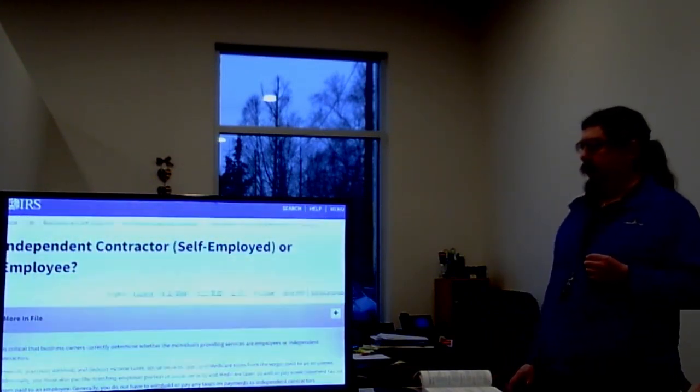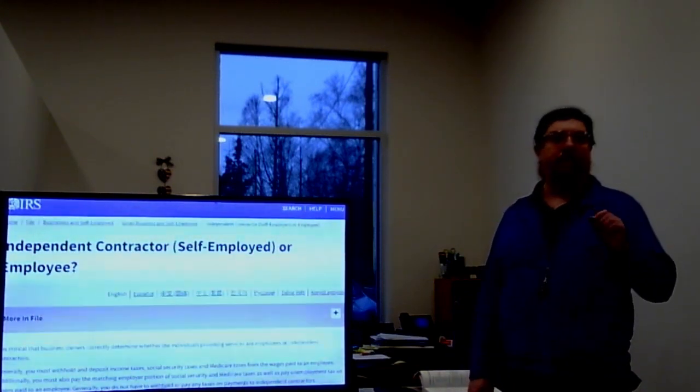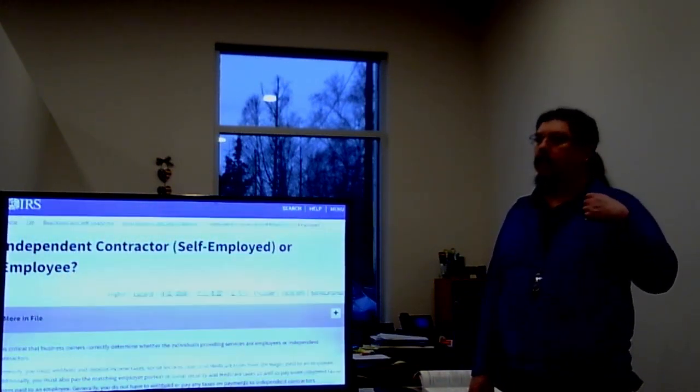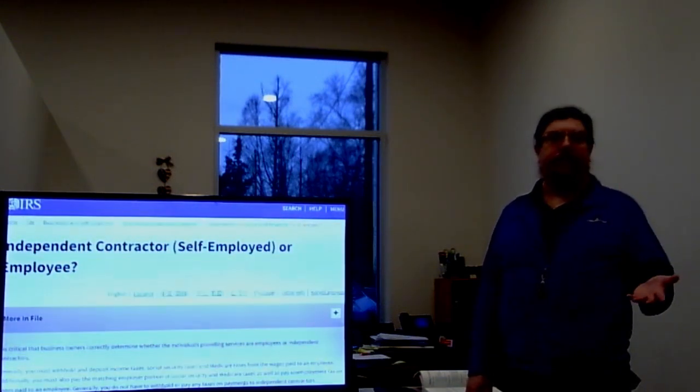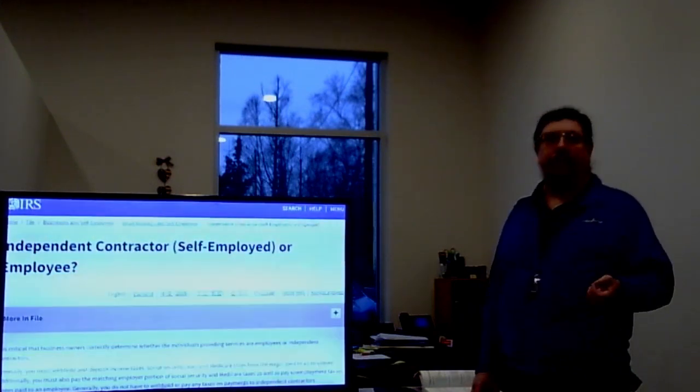all that information now. Because there's a lot of people who pay their employees using 1099s, treating them as independent contractors, which isn't really appropriate.